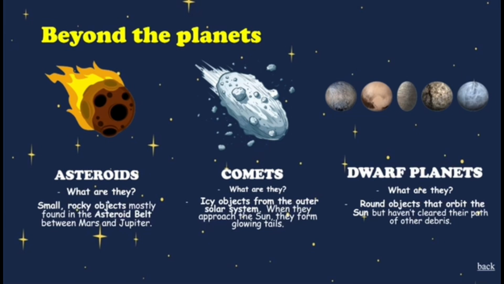It's a small rocky object mostly found in the asteroid belt between Mars and Jupiter. Comets, what are they? It's icy objects from the outer solar system. When they approach the sun, they form glowing tails. And lastly, the dwarf planets, what are they? It is round objects that orbit the sun but haven't cleared their path of other debris.